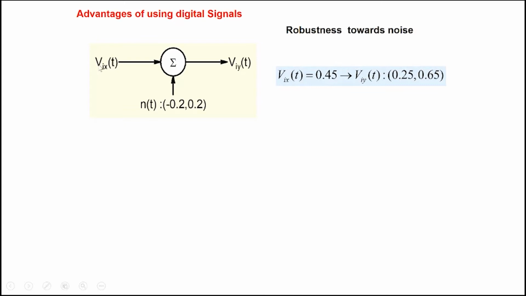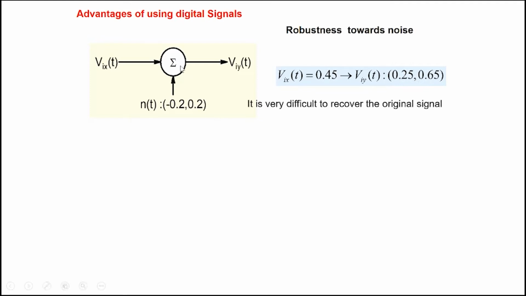Suppose our original signal was 0.45 volts, and it gets corrupted by noise which lies anywhere between minus 0.2 to plus 0.2. Then after addition of noise like this, the final signal would lie, depending on the magnitude of the noise, anywhere between 0.25 and 0.65.